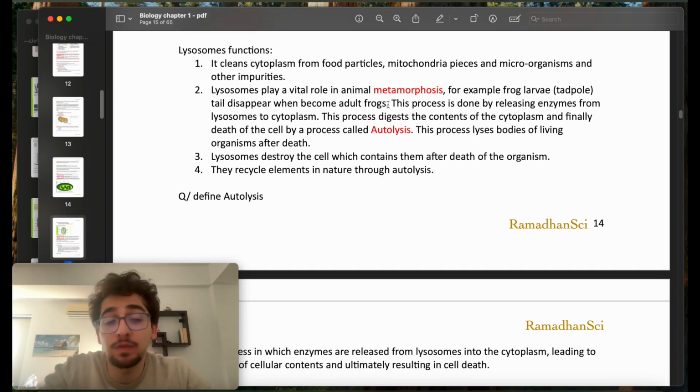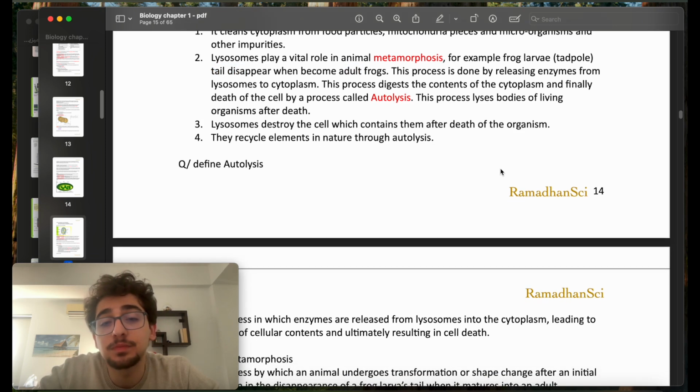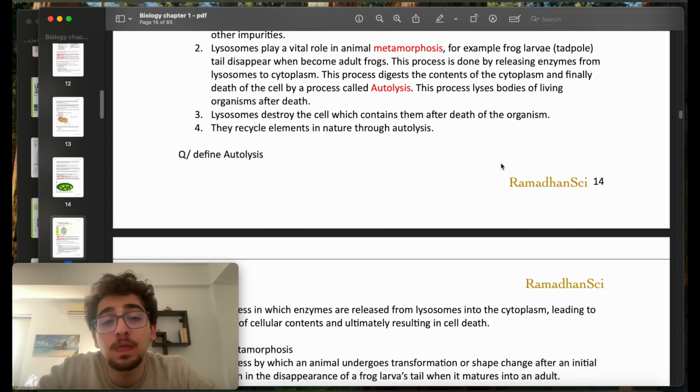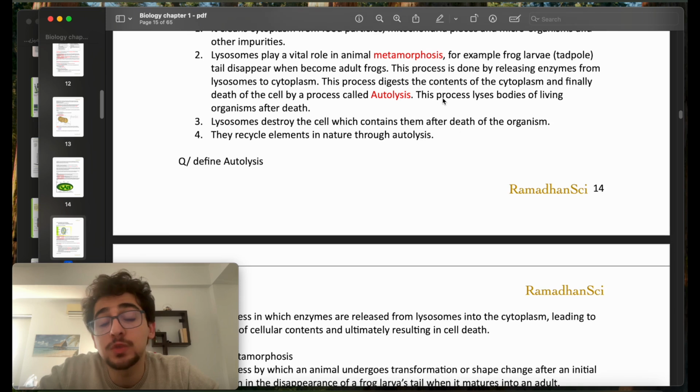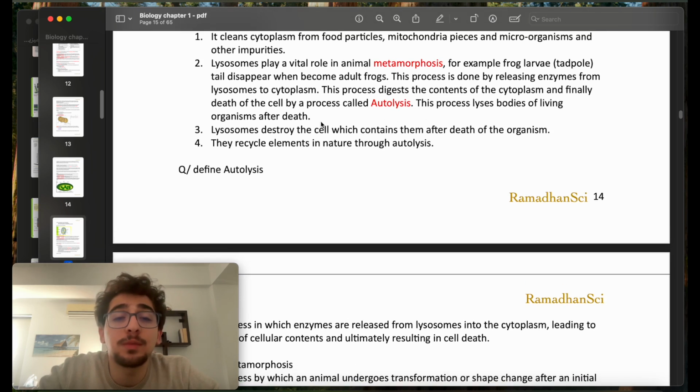Give an example for each of the following. Metamorphosis, you will write down the frog, like the frog larvae turning into adults, and the tail will disappear. And this is done. Who's responsible for metamorphosis? The lysosomes, okay? The enzymes of the lysosomes.